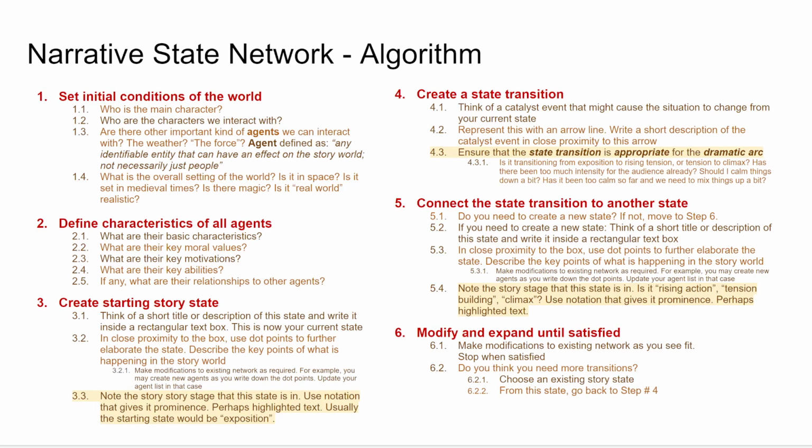So without further ado, let's do a quick example using this algorithm. First 2 steps, we need to define our world, and then we need to define the characters within that world. So let's go ahead and do that.